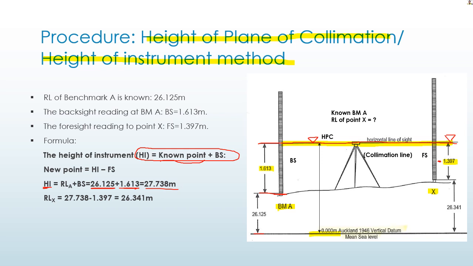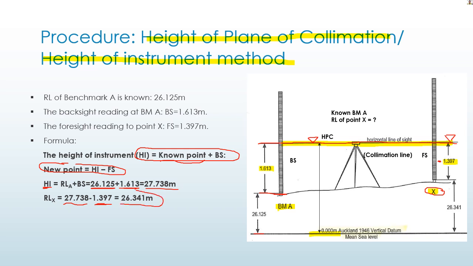So you are going to get the reduced level of point X directly without knowing the rise or fall between A and X. Reduced level of point X equals height of collimation minus the foresight. New point equals height of collimation, or height of instrument, minus foresight. So this level minus the foresight, you get the reduced level of point X.